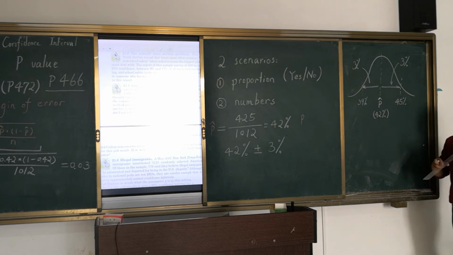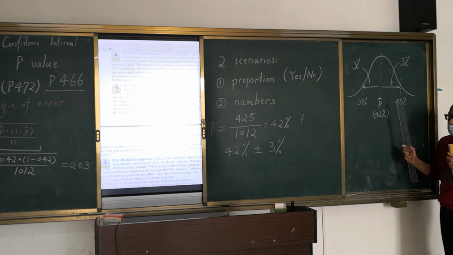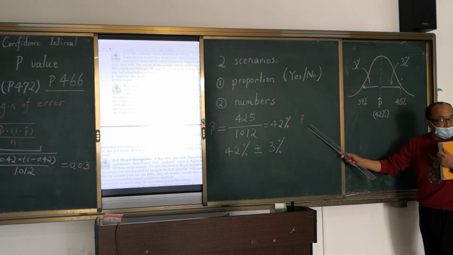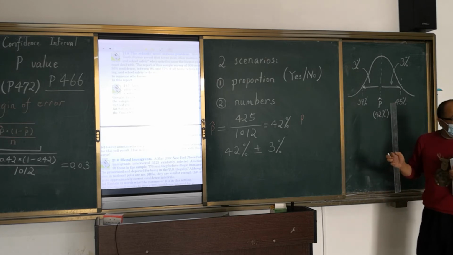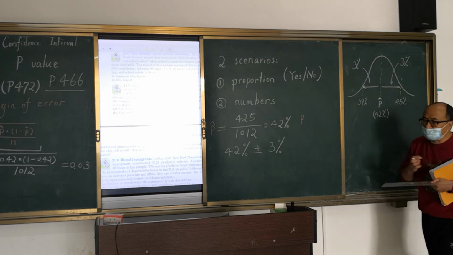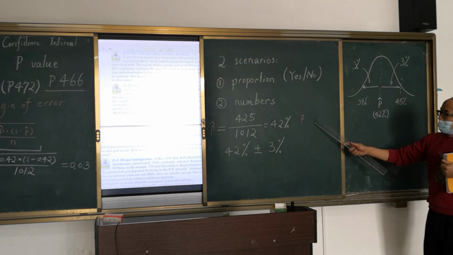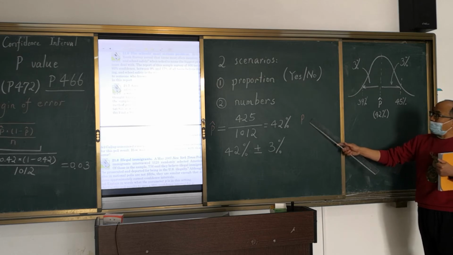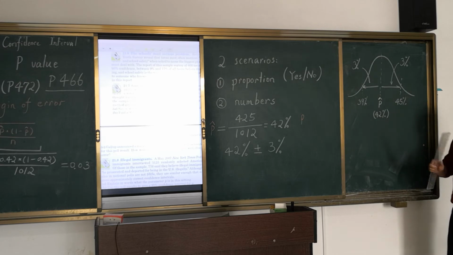What's the meaning of the answer? It means this P, the national proportion, is in this range with 95% confidence.